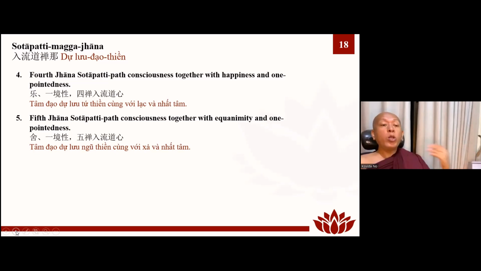Also not for ordinary people. So for other consciousnesses, from unwholesome, unrooted, beautiful, also jhana consciousness, we can take that as object. We can also contemplate that as anicca, dukkha, anatta. They are the object of vipassana.